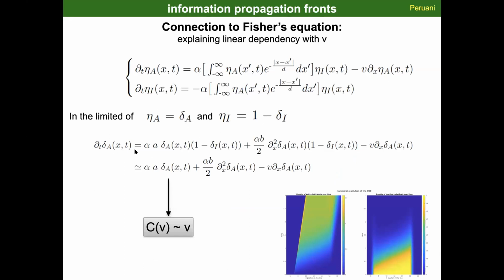If you do that, you see that in this limit the system can be mapped onto a kind of Fisher equation. And you can show that the propagation speed, c, is a function of the velocity of the individuals. That explains what I showed you before.